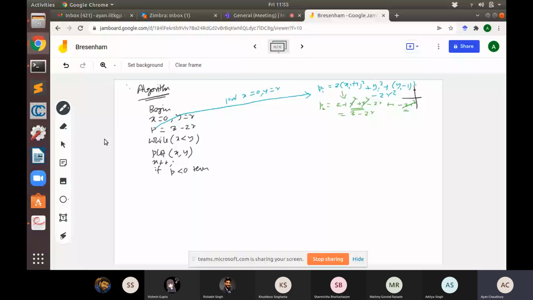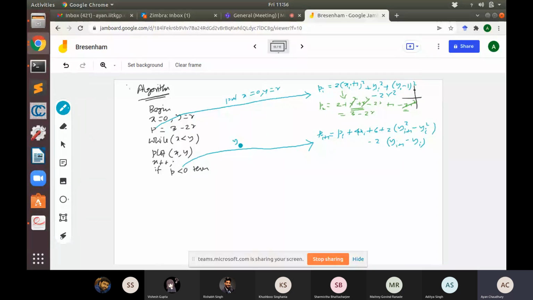In this case, pi plus 1 is equal to pi plus 4xi plus 6 plus 2 of yi plus 1 square minus yi square minus 2 of yi plus 1 minus yi.